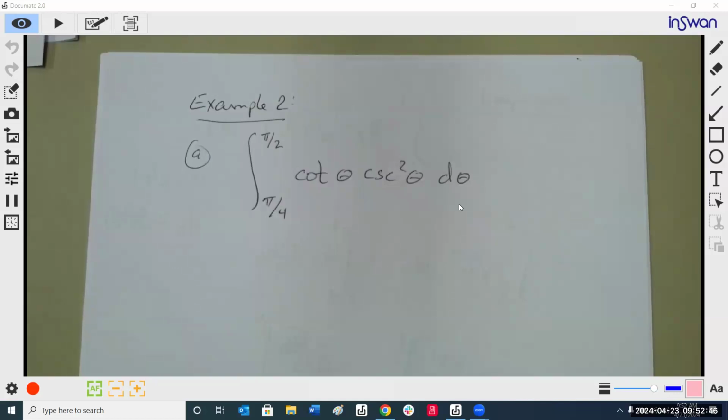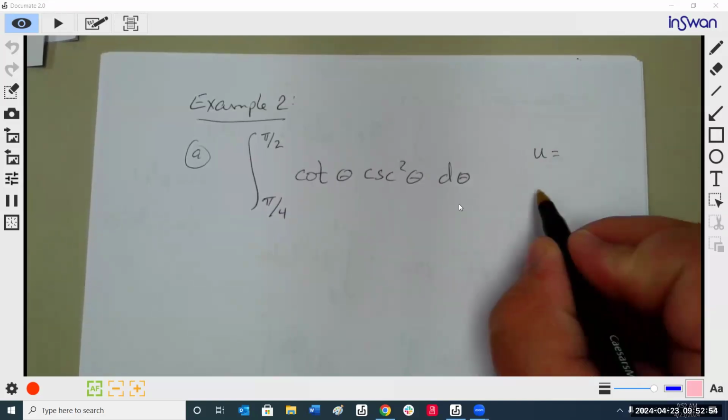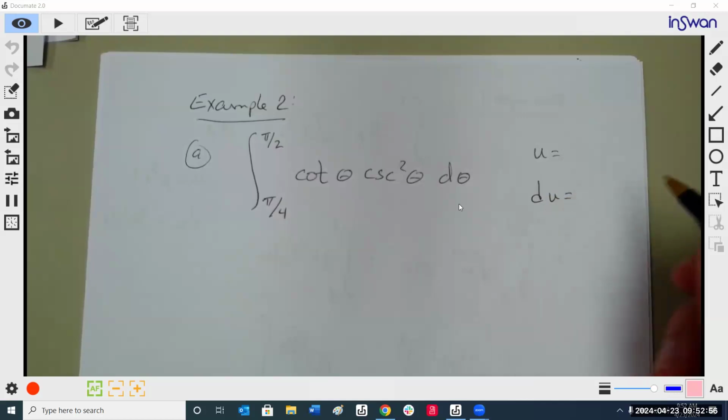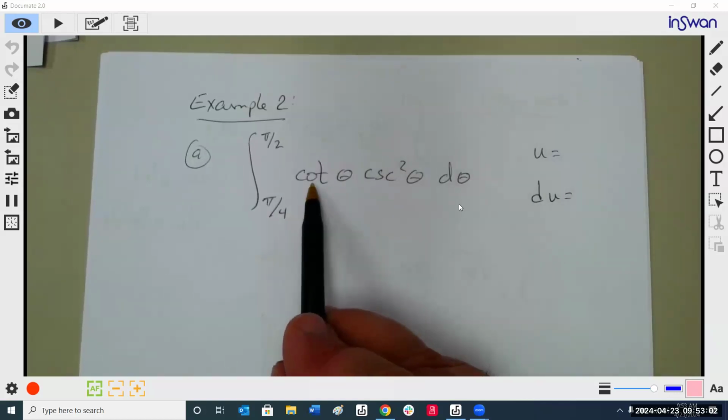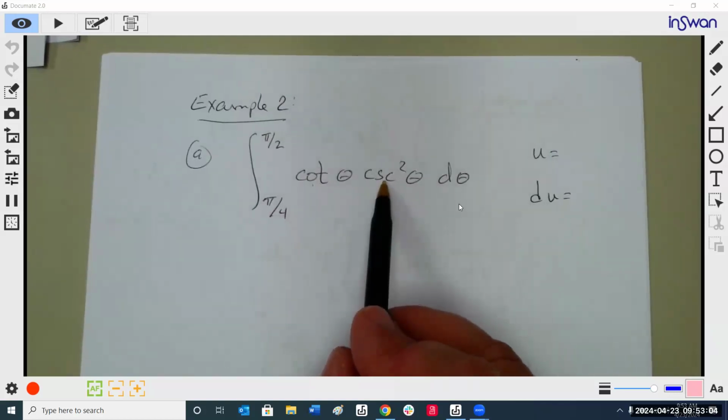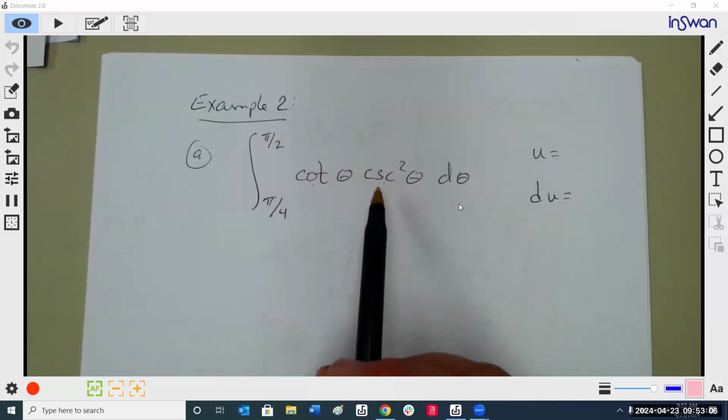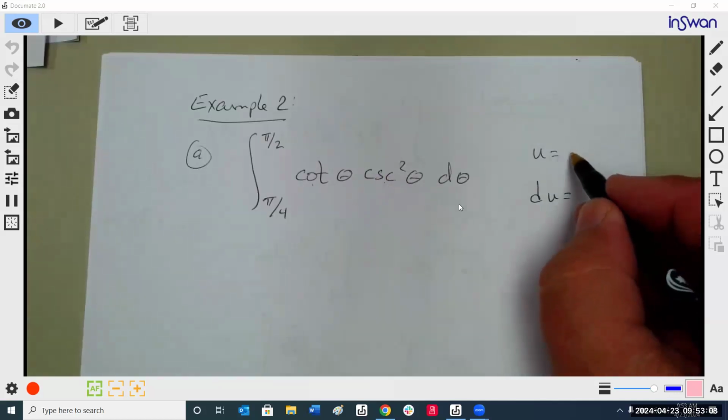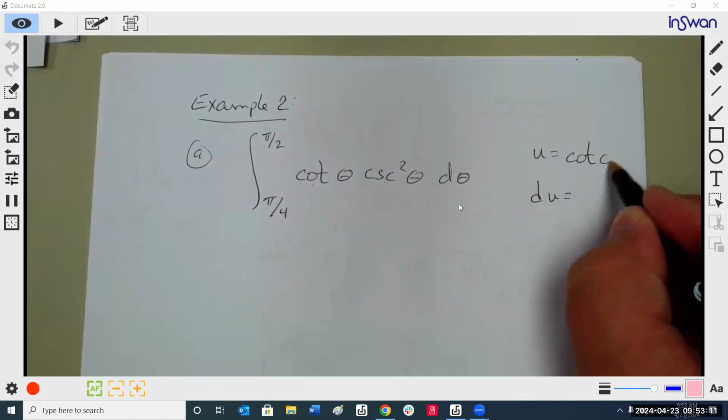So here is your tough question. Which one's going to be u? Because once you find u, take the derivative of it, and hopefully it's the other one. So look at the functions and see which one has it. Does cotangent have cosecant squared as a derivative? It does? Okay, so that made it easier for us.